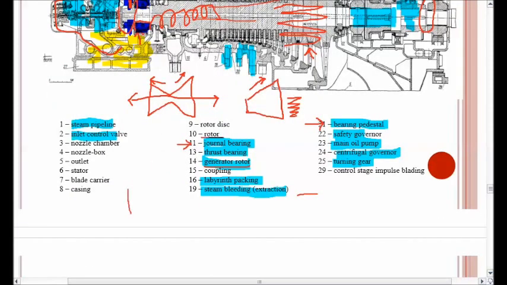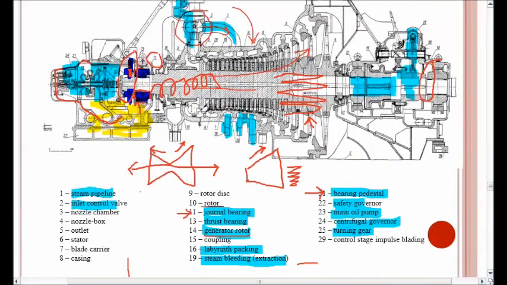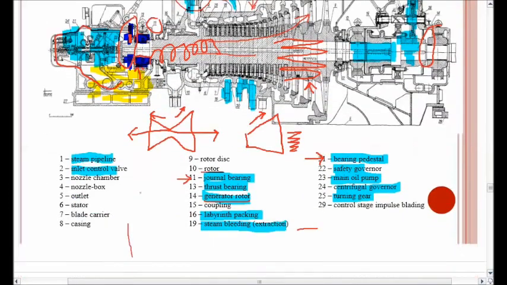It is a mechanism that works on the rotary motion of two balls connected over a shaft. Whenever the shaft rotates, these balls also rotate.